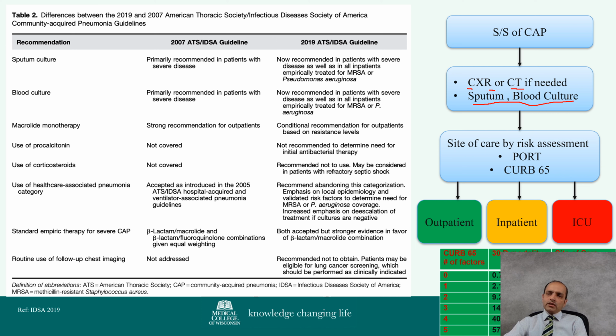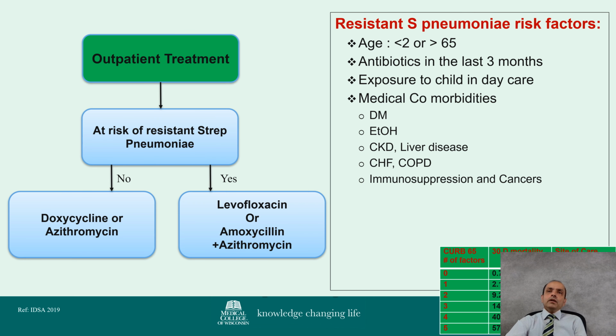Then basically based upon that score, you determine where they belong. Somebody with 2 in a CURB, they need to be admitted. Somebody with 3 or more, they go to ICU. So this scoring system really helps you to dispose your patient, and really important when you are working in the emergency. Then for outpatient treatment, you ask yourself the question, what is the risk of resistant streptococcal pneumonia infection in your patient?